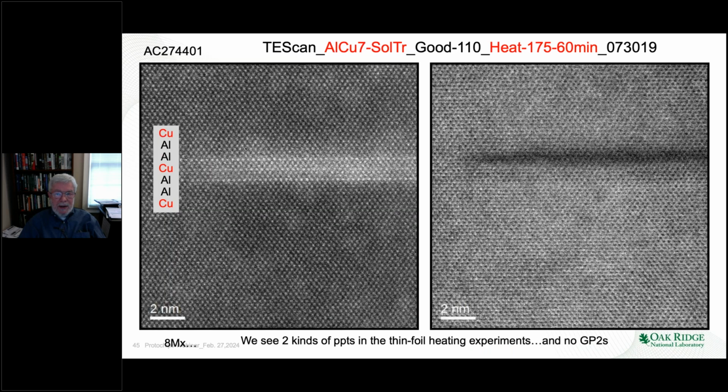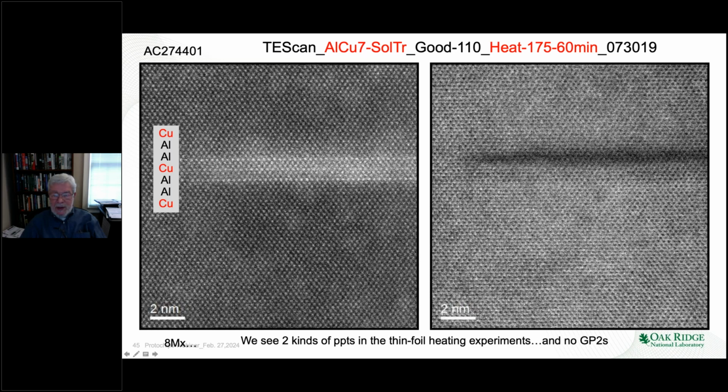So in our sample, after we did solution treatment, this is the 110 zone, heating at 175 C for 60 minutes. All of a sudden we're seeing this kind of precipitate. It's copper, aluminum, aluminum, copper, aluminum, aluminum, copper. So this is not a GP2 zone or 2 of them because it only has 2 aluminums in.